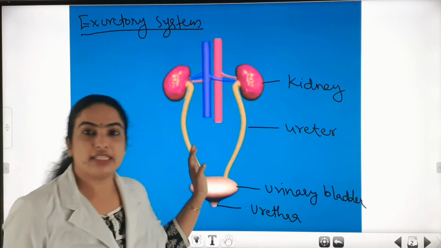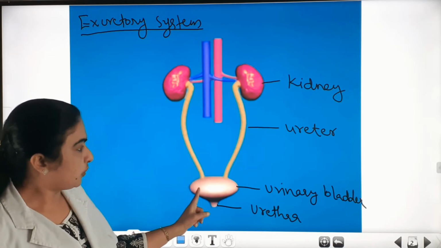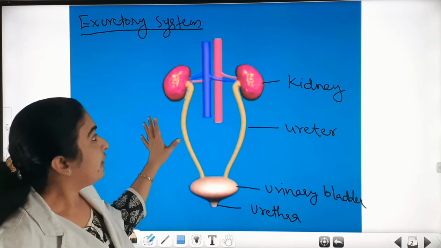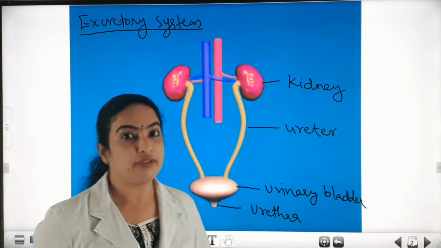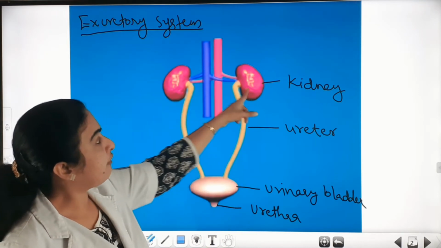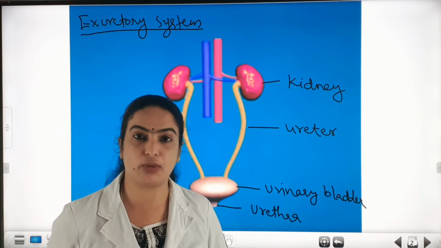So what are the organs in the excretory system? A pair of kidneys, a pair of ureters, a urinary bladder and urethra. Here the function I told you, the collection of liquid waste from the body. So actually the kidneys filter the blood to remove the waste materials from the body.